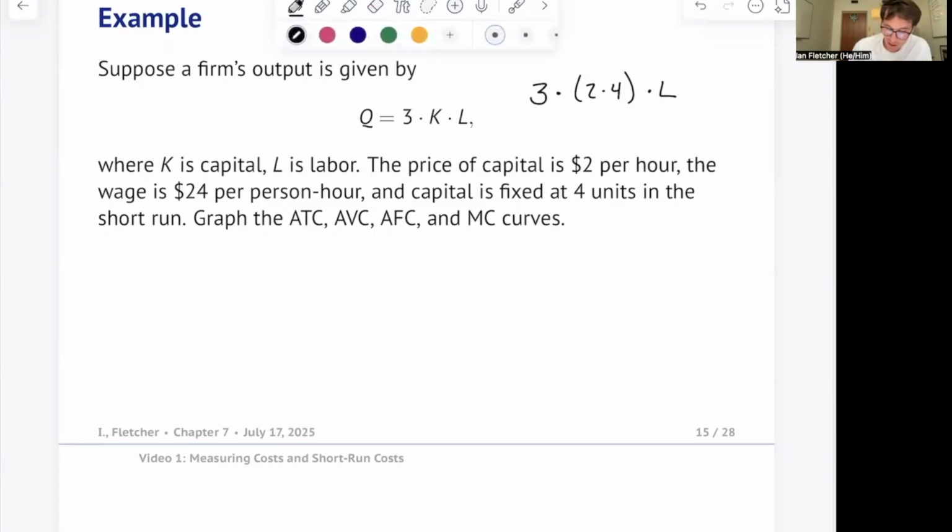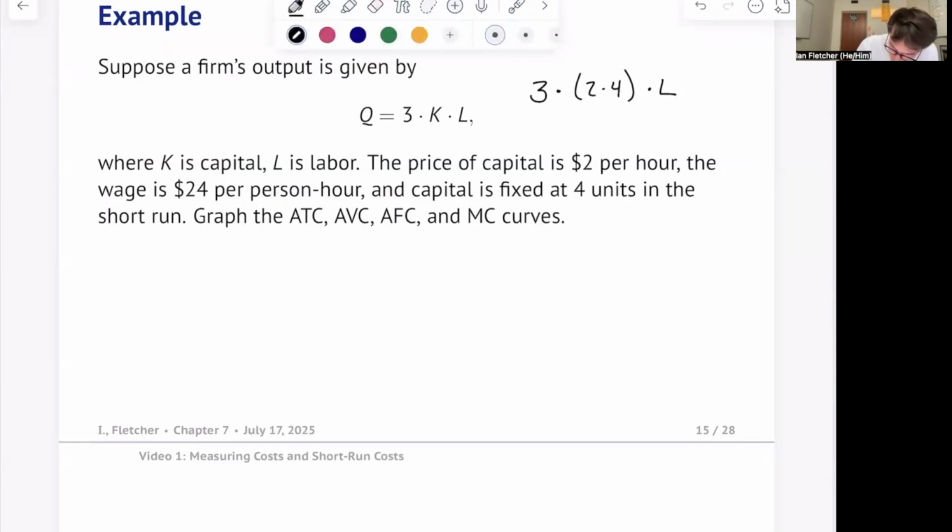If we're thinking about our ATC, our AVC, our AFC, and our MC, we know that our ATC is equal to AVC plus AFC. And we know that our AVC is just going to be a constant $2 per unit.